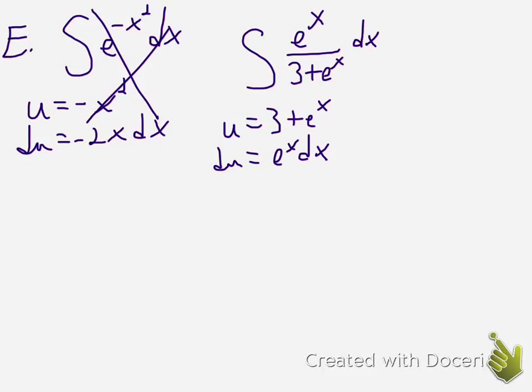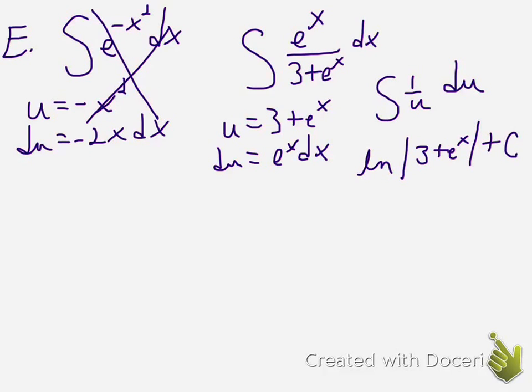So now this becomes 1 over u, and then e to the x dx is my du. Remember, the integral of 1 over u is the natural log of u. So this will equal the natural log. I'm going to take the u out, put the 3 plus e to the x back in, and remember my plus c.